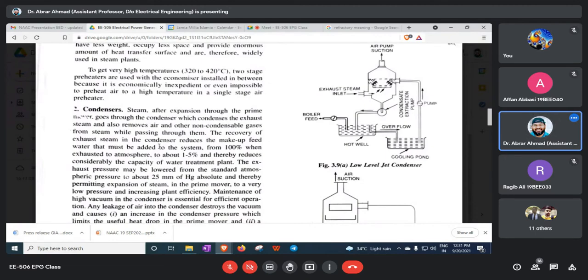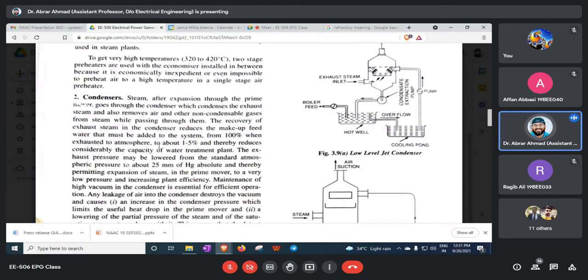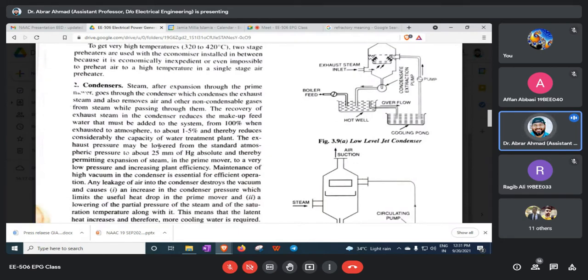There could be many things that have to be removed from that. The recovery of exhaust steam in the condenser reduces the makeup feed water that must be added to the system from 100% when exhausted to atmosphere to about 1 to 5%, and thereby reduces considerably the capacity of water treatment plant.